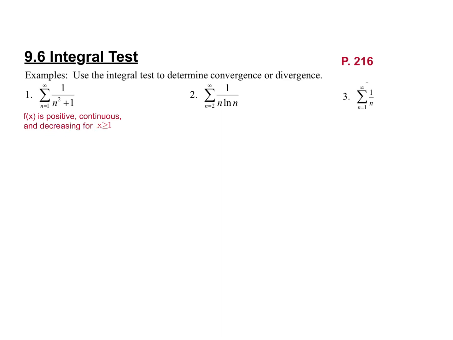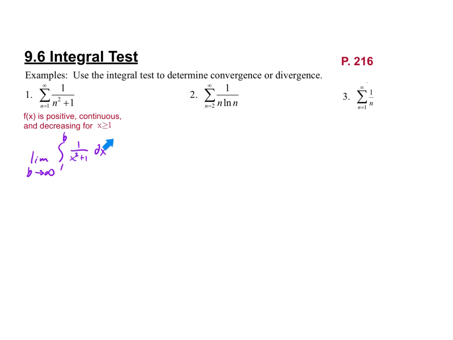So what we're going to do is take the improper integral and integrate that. Since this is improper, we're going to take the limit as b approaches infinity of the integral from 1 to b of 1 over x squared plus 1 dx.